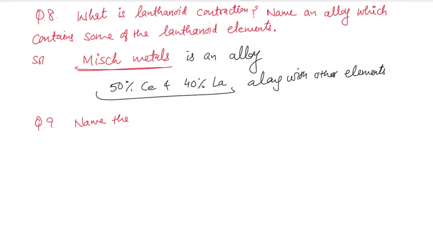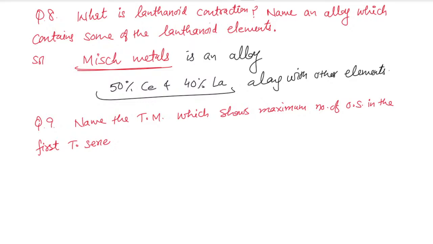Name the transition metal which shows maximum number of oxidation states in the first transition series. Yes, beta. In the first transition series, which element shows maximum oxidation states?